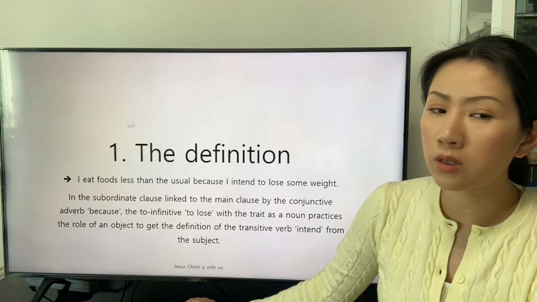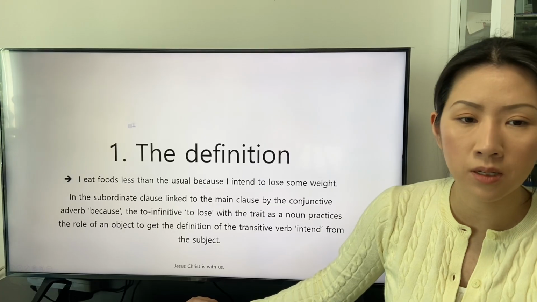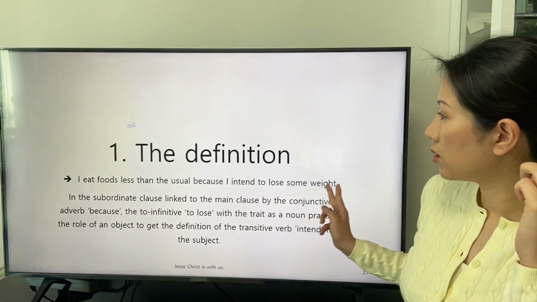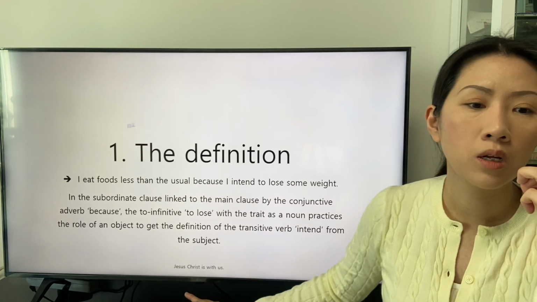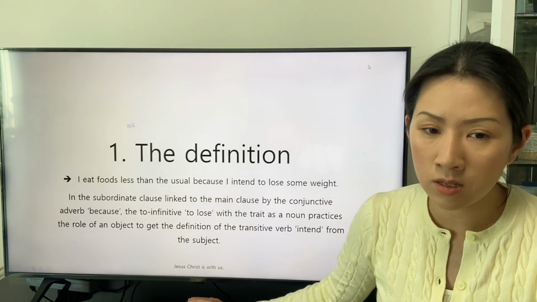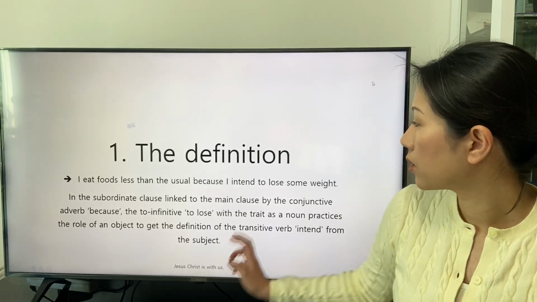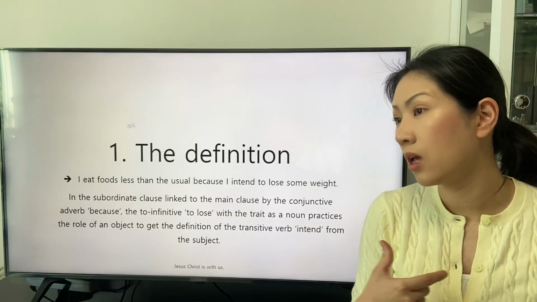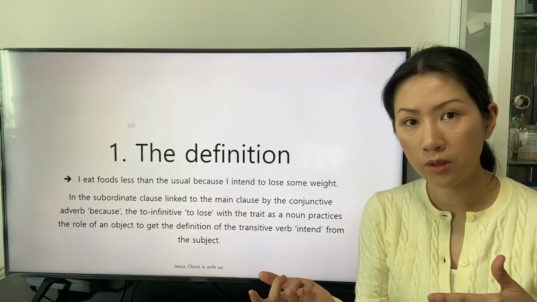In the subordinate clause linked to the main clause by the conjunctive adverb because, the to infinitive to lose has the trait as a noun and practices as an indication.